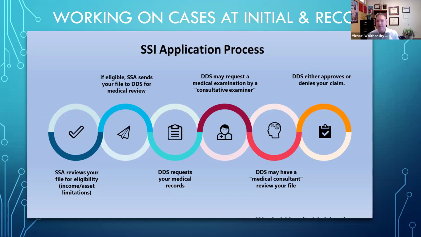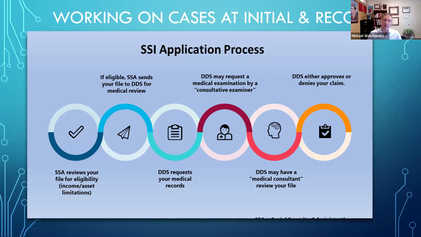And so after that, once the analyst feels like they have enough information to make a decision on your claim, they will send it to an actual medical doctor for physical medical issues, or to a psychologist or a psychiatrist if there are also mental health issues.